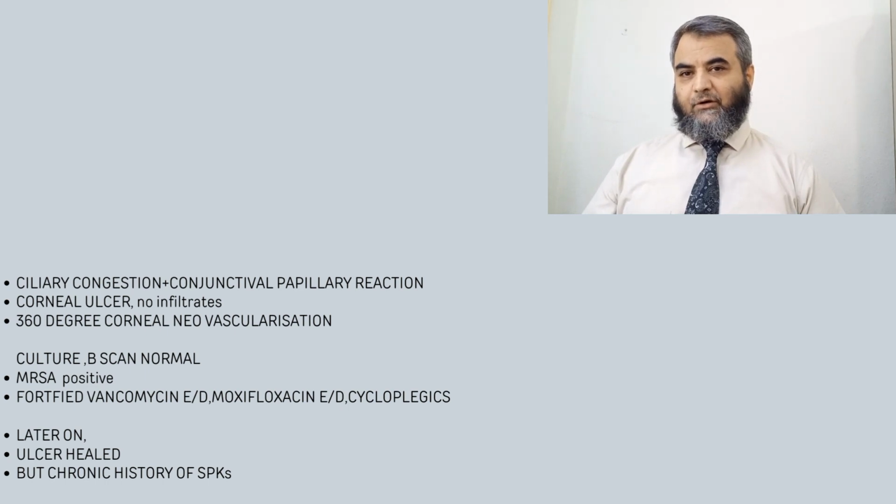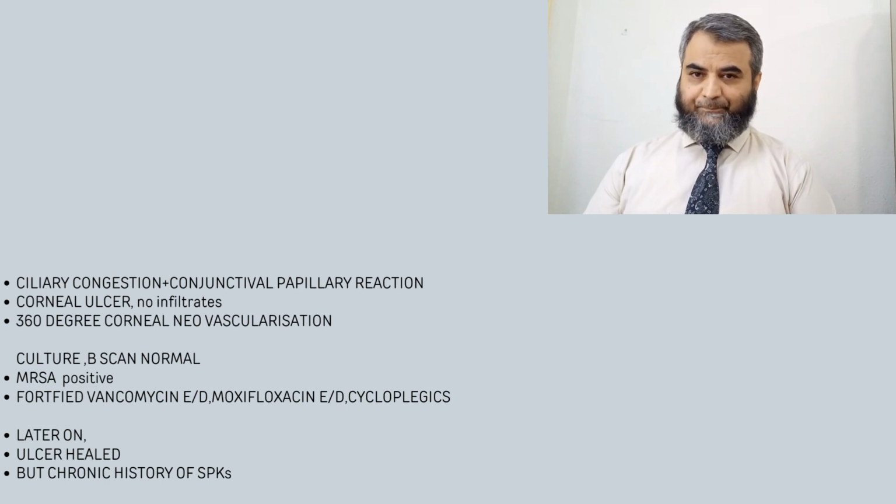Later, when we got the report, it was methicillin resistant Staphylococcus aureus. Usually atopic keratoconjunctivitis patients have high chances of infections with Staph aureus and herpes virus. So this was the patient.